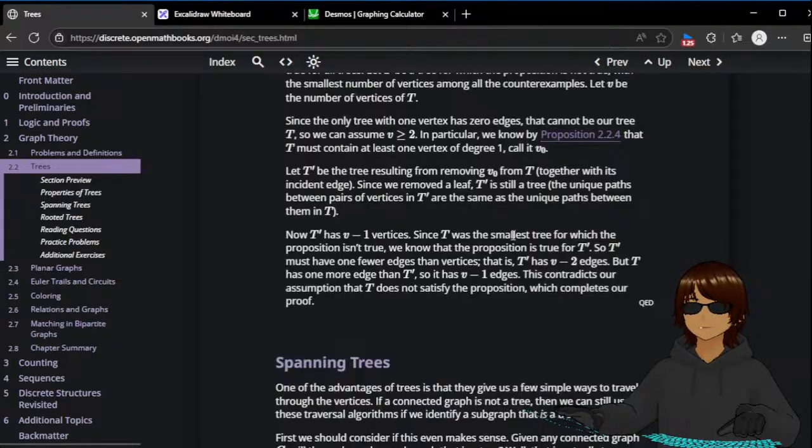Since T was the smallest tree for which the proposition isn't true, we know that the proposition is true for T apostrophe. So T apostrophe must have one fewer edges than vertices. That is, T apostrophe has V minus 2 edges, but T has one more edge than T apostrophe, so it has V minus 1 edges. This contradicts our assumption that T does not satisfy the proposition, which completes our proof.